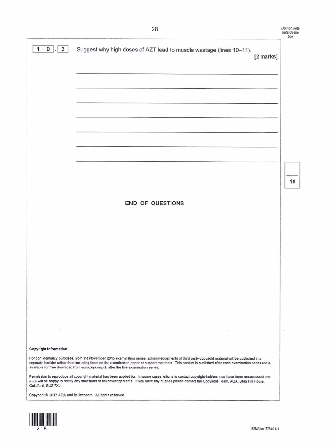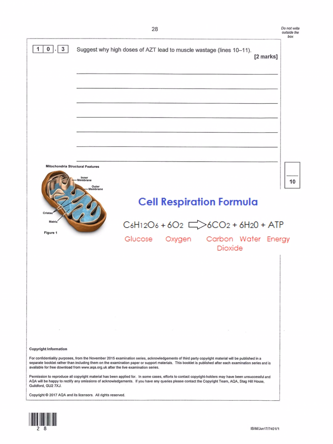At the beginning of the question, we were told that AZT is taken in low doses because people who took high doses over long periods of time suffered muscle wastage. It was found that high doses of AZT inhibit replication of mitochondria. Here we're asked to suggest why high doses of AZT led to muscle wastage. Mitochondria are found in cells and they perform aerobic respiration whereby glucose and oxygen is converted to carbon dioxide, water and ATP.